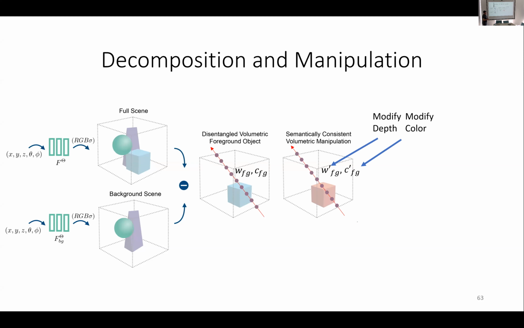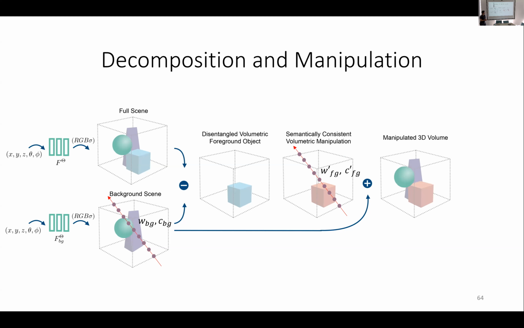Now we can simply modify those weights and colors for each point in isolation, and this gives us a modified foreground volume, and we can then add it back into the unmodified background volumetric representation.